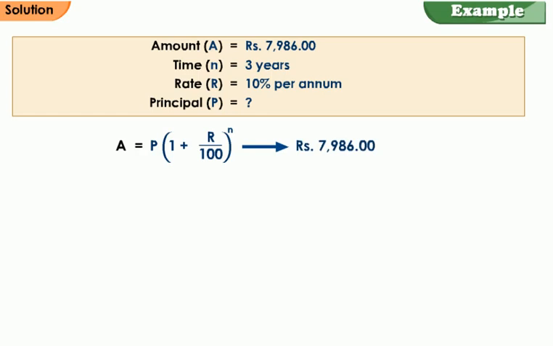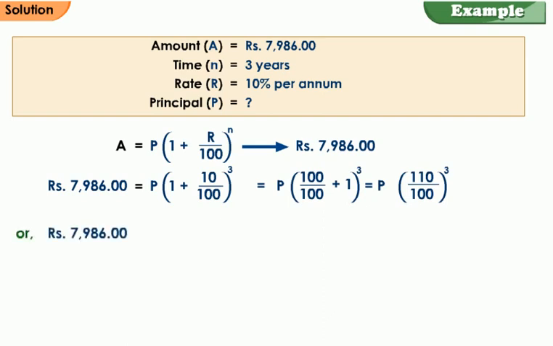And we write rupees 7,986 equals P into 1 plus 10 divided by 100 whole to the power 3, or rupees 7,986 equals P into 11 by 10 whole cube.